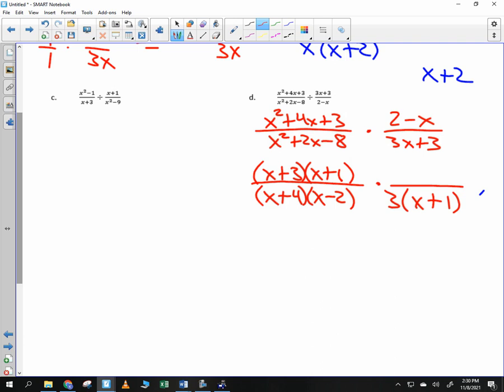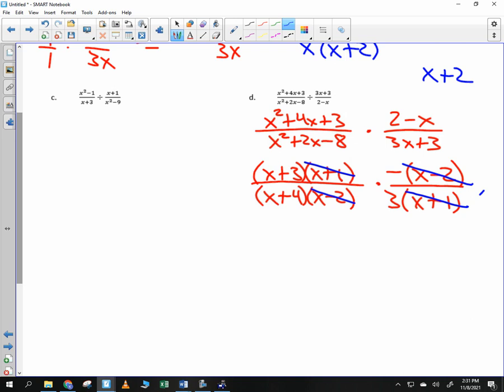But if you factor a negative out of the 2 minus x, which is basically a negative 1, the negative x turns to positive x, and the positive 2 turns to negative 2. Now you've made them the same so that they can reduce to 1. So x plus 1 over x plus 1 reduces to 1. And x minus 2 and x minus 2, those reduce to 1 as well.